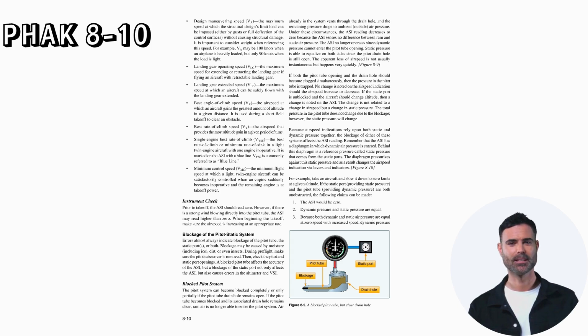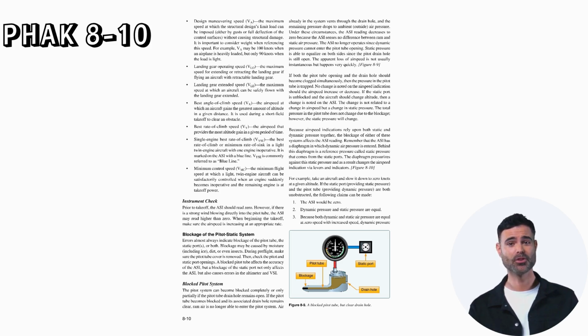Under these circumstances, the ASI reading decreases to 0 because the ASI senses no difference between ram and static air pressure. The ASI no longer operates since dynamic pressure cannot enter the pitot tube opening. Static pressure is able to equalize on both sides since the pitot drain hole is still open. The apparent loss of airspeed is not usually instantaneous, but happens very quickly.